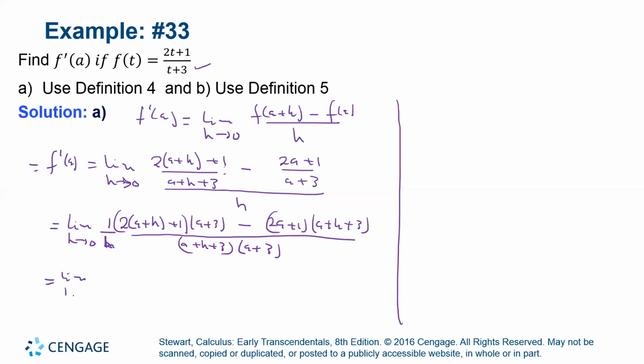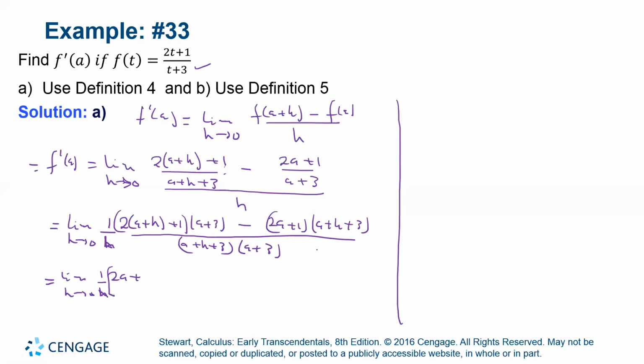That's the limit as h goes to 0. We're going to multiply everything out, and then some of the factors will cancel. I'm leaving the 1 over h here, and I'm going to multiply everything.